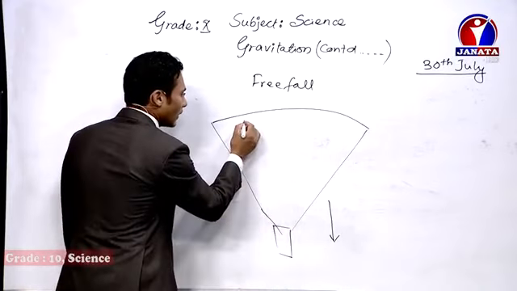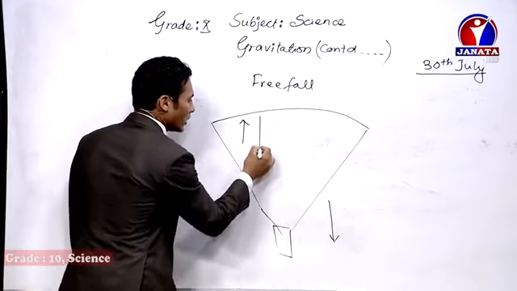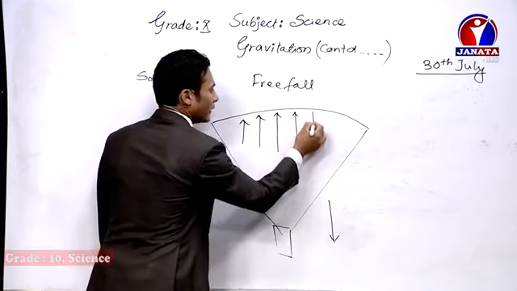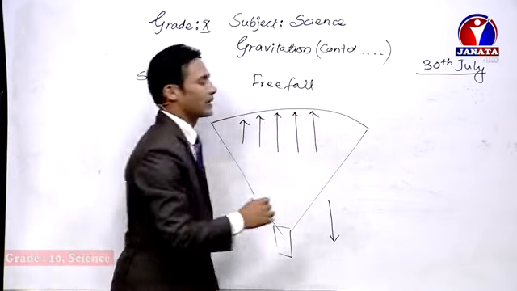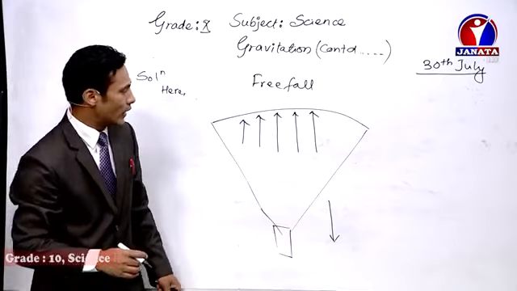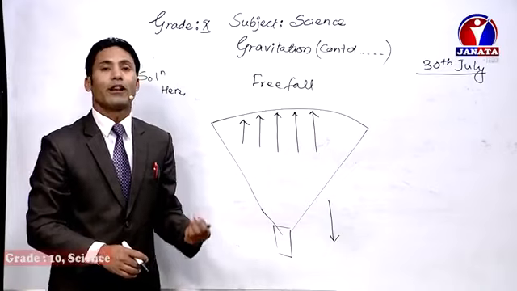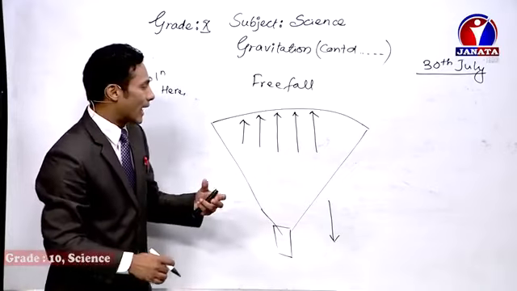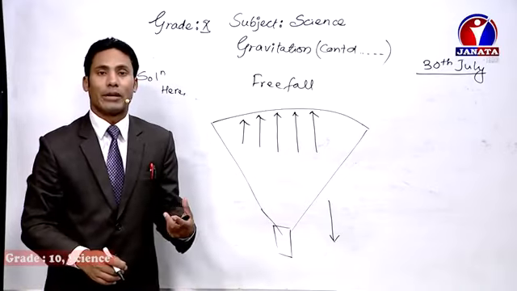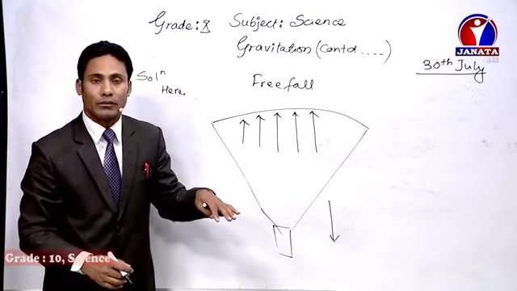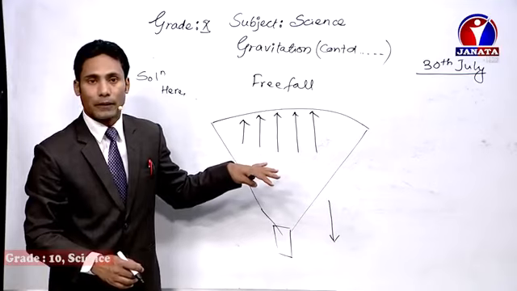That's why the air resistance acts on this parachute. And due to this air resistance on the parachute, the velocity remains constant. And when the velocity is constant, in that condition, the acceleration remains 0. So the safe landing is possible by using this parachute, right?